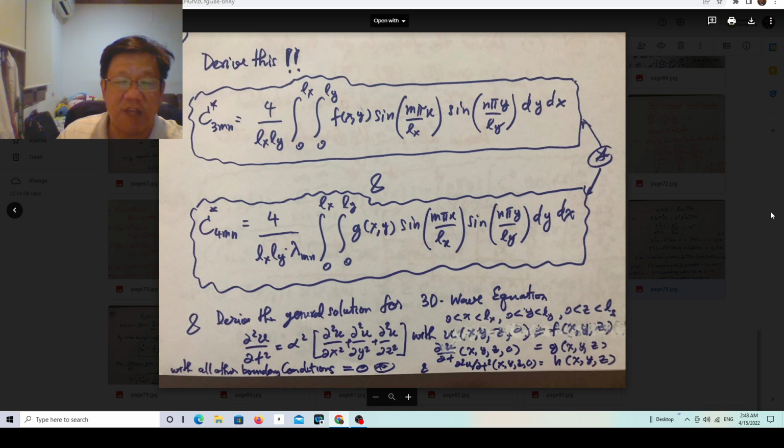In each case, we only need to solve the complementary solution. But in reality, sometimes you need to solve for the particular solution also.